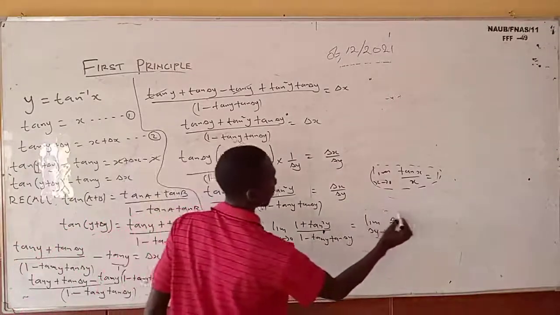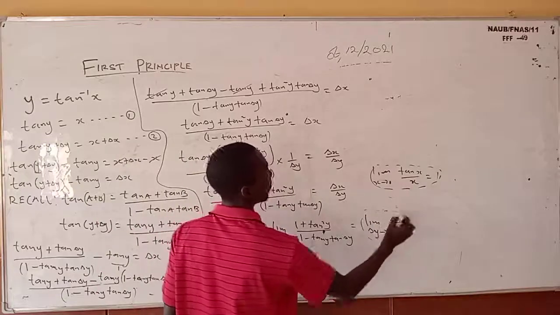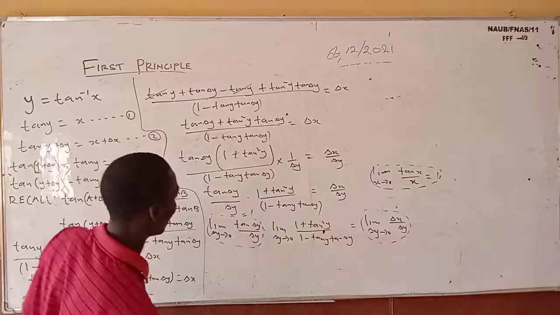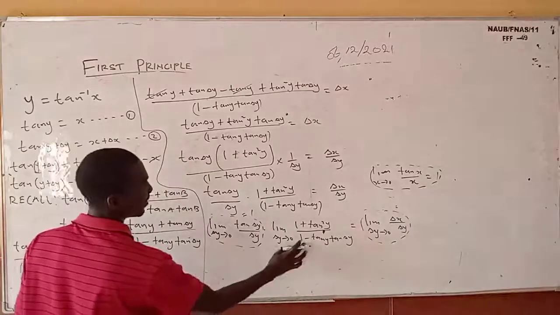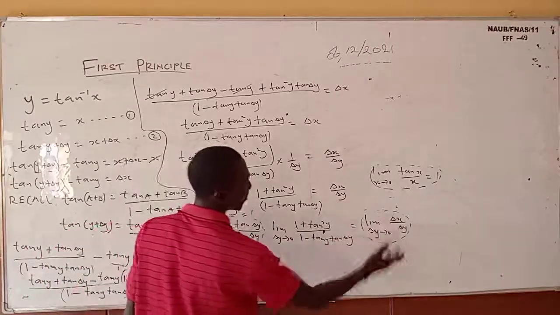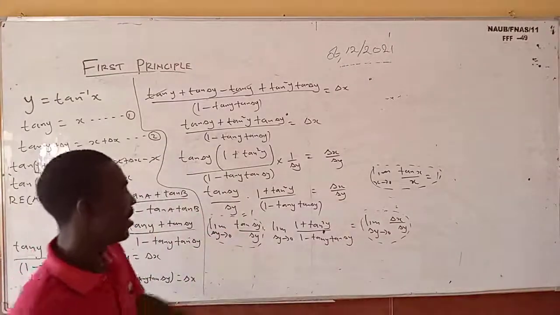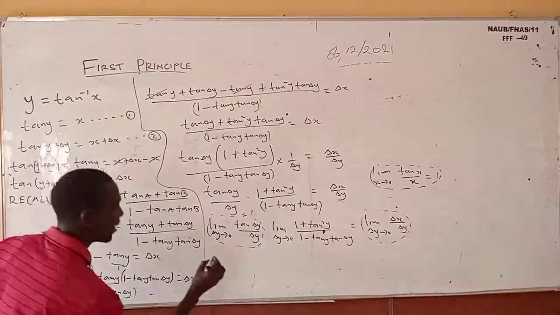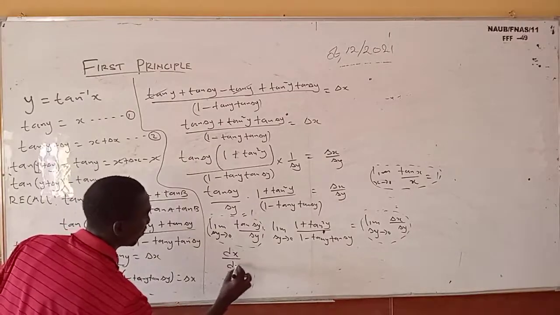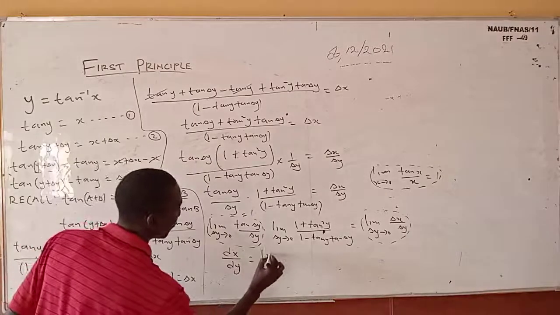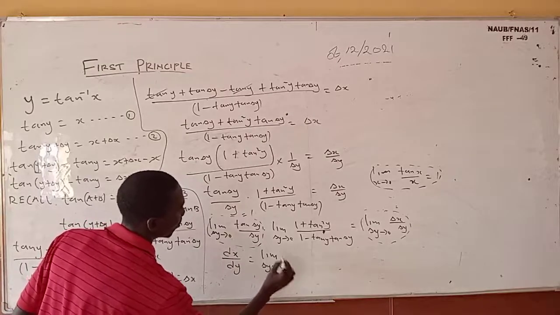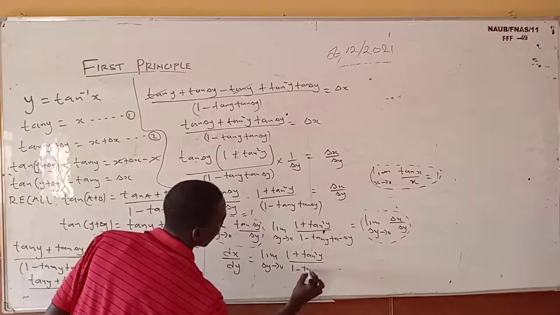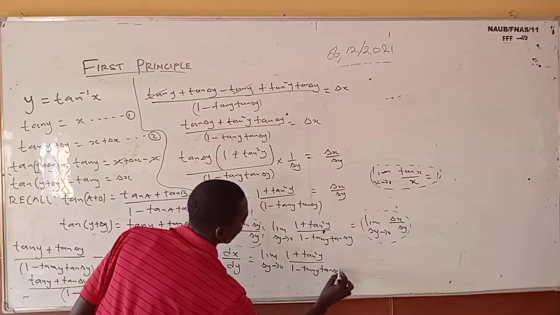And the limit as change in y approaches 0 of change in s over change in y is nothing but ds over dy. Do you get that? So 1 times this is still this. This one is still ds over dy. If A is equal to B, B is also equal to A. So it means that ds over dy will be equal to the limit as change in y approaches 0 of 1 plus tan square y all over 1 minus tan y tan change in y.